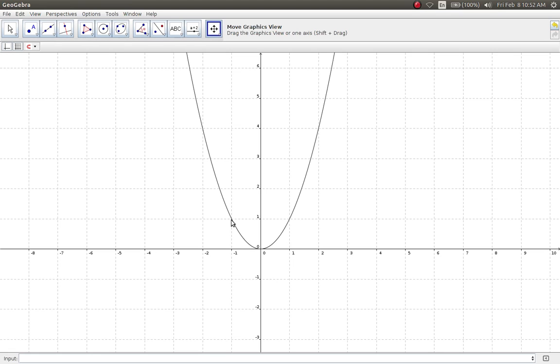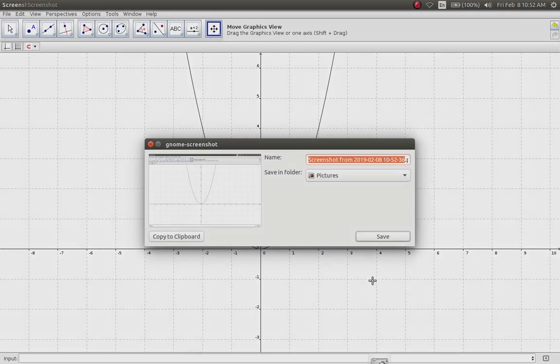X is negative 1, y is also 1, that's another value. I'm going to take a screenshot of this and then open it in another software and see what it's all about. Let me call this picture FCM3U1 so that I can find it, or FCM3 space 1.